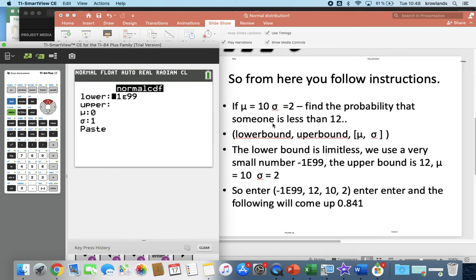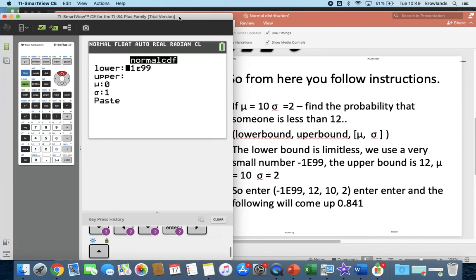So if someone's height is less than 12 or something is less than 12, the lower bound is going to be negative infinity. And the way you do that is you write a really small number, or you can use the standard deviation part of your calculator and replace this with an E. We did this in D1.